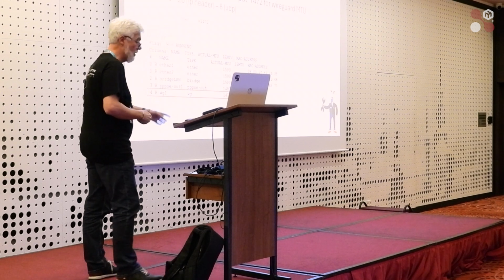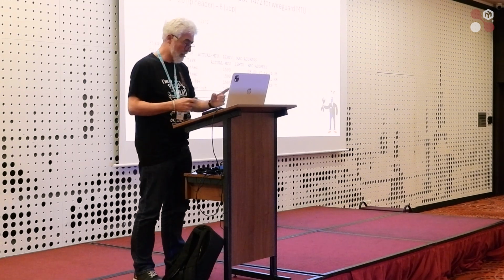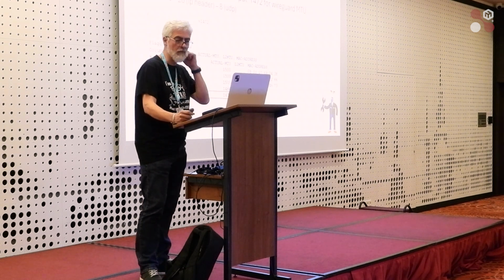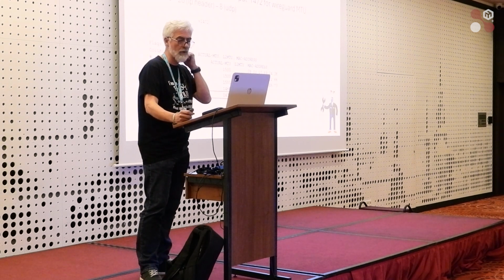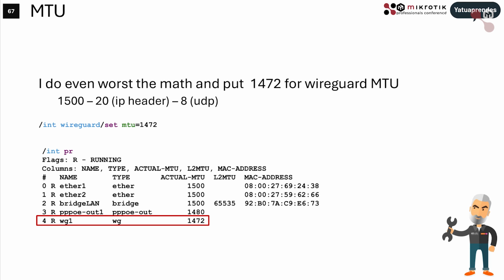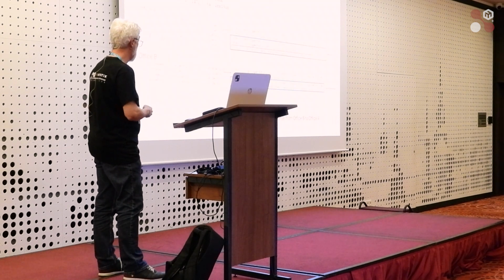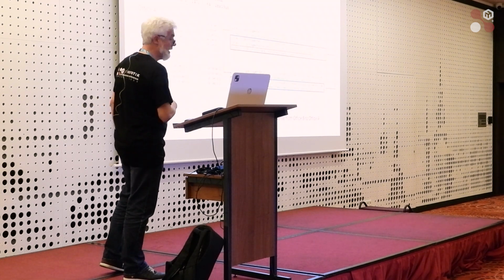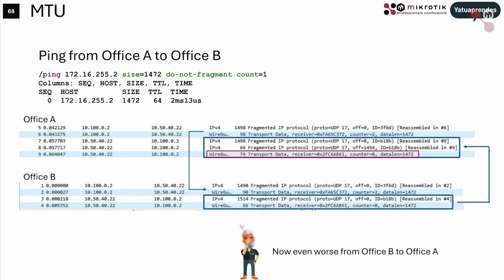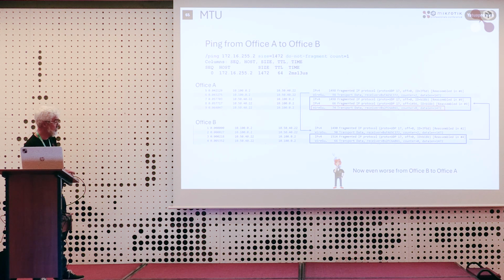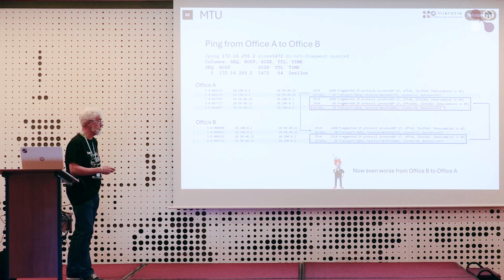Then, since we are not good with math, we put 1472 for the WireGuard MTU, only taking off the 20 of the IP header and the 8 of the UDP. Then we get this configuration. If we perform the ping from Office A to Office B, okay, in the first direction, as expected, we get two packets here.